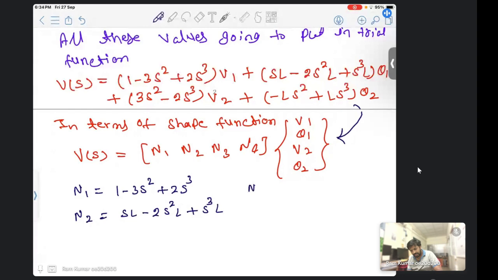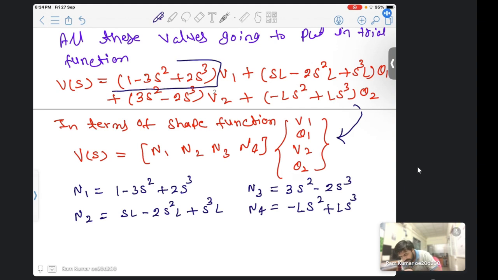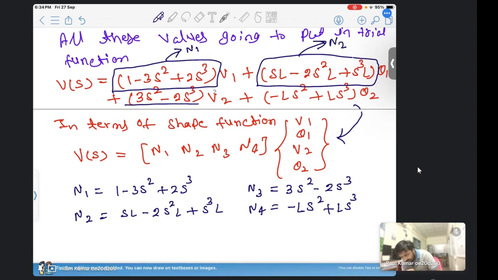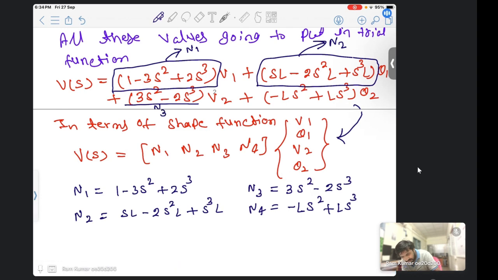Then n3 will be 3s square minus 2s cube. n4 will be minus l s square plus l s cube. So this one is our n1, this is n2, this is n3, this is n4.